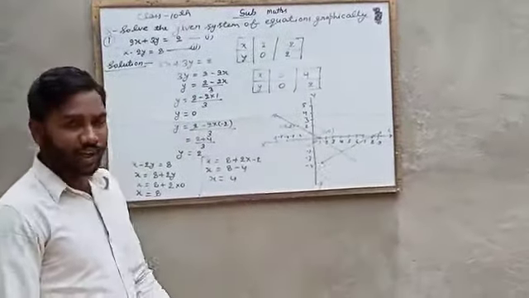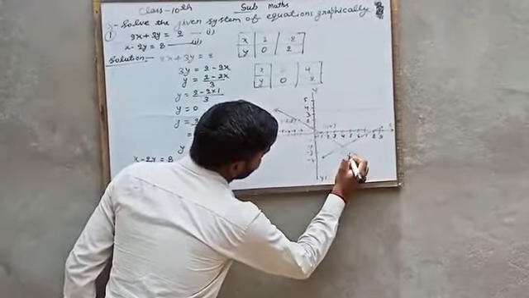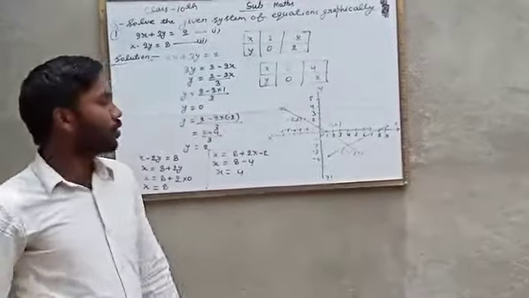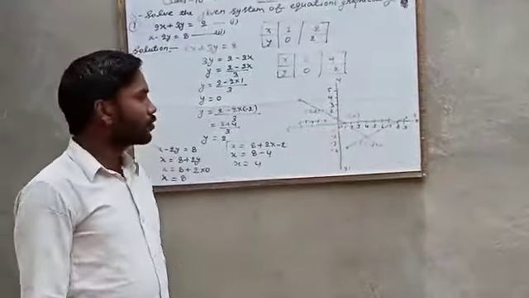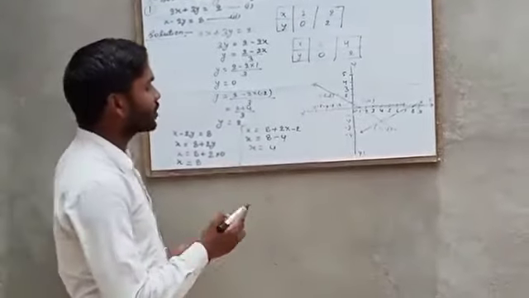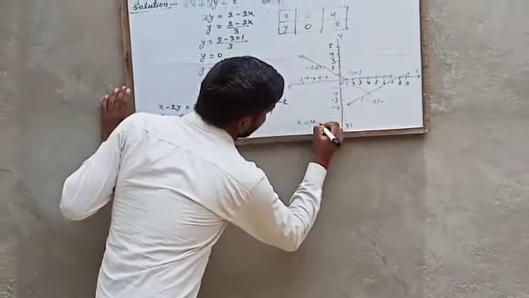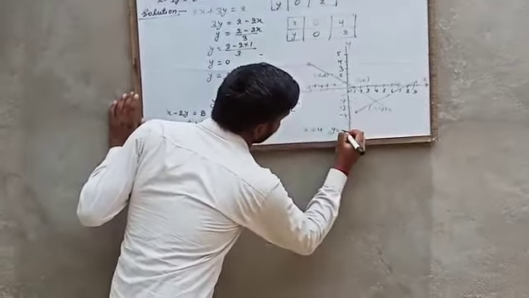Both lines intersect at 4, minus 2. So this is the solution of the equations, which means x is equal to 4 and y is equal to minus 2.